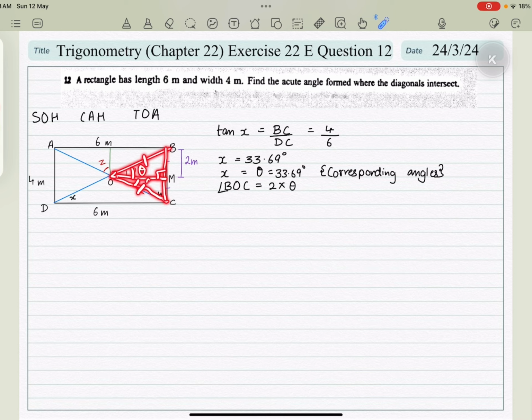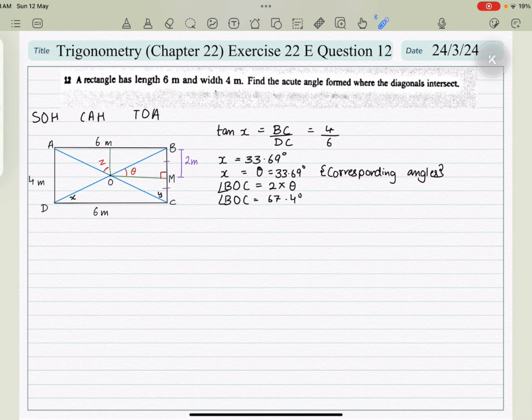So this is theta, this is also equal to theta, so BOC is equal to theta into 2. That's what I wrote here. And if theta is equal to 33.69, angle BOC will be approximately 67.4 degrees.